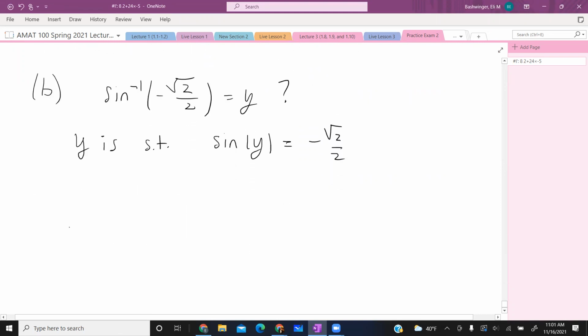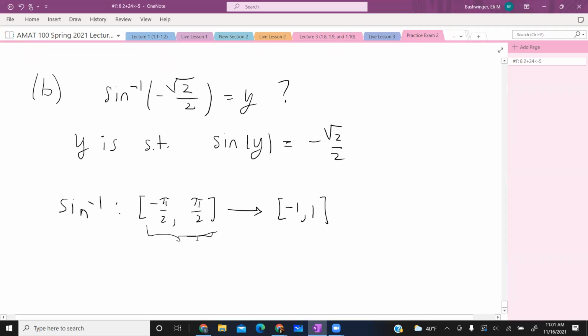Well, it can't just be anything. Remember, the sine inverse function is a function from the interval -1 to 1 into the interval -pi over 2 to pi over 2. So we're looking for a value in this interval right here.